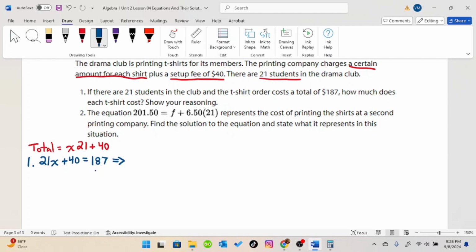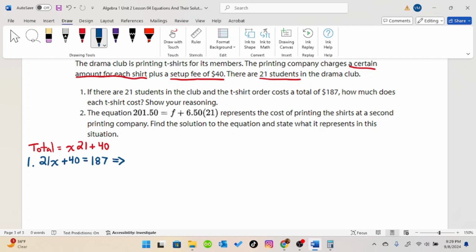The first thing we would do is we want to get X by itself on one side and a number on the other side. To move numbers from one side of the equation to the other side, we need to do the opposite of what is there so that we undo it, and we need to do it to both sides so that it stays equal.